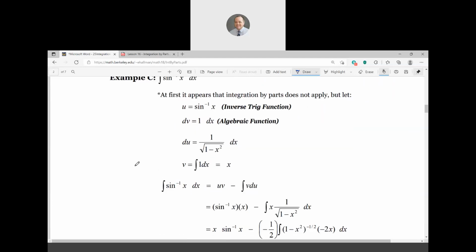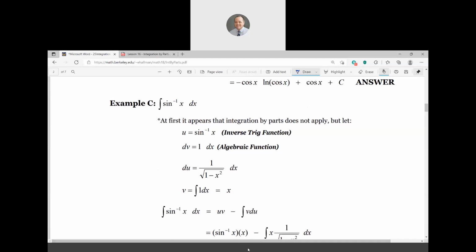Now I'm going to copy most of this so I will not mess up the integral formula for inverse sine.